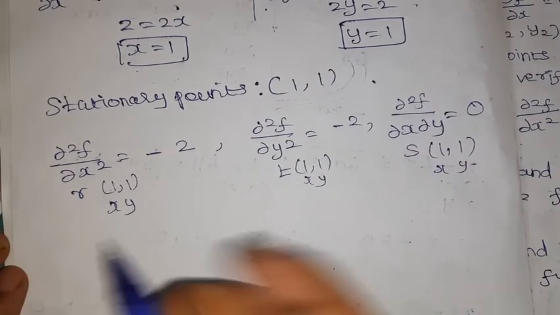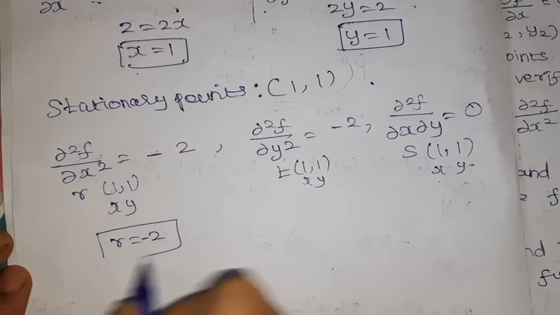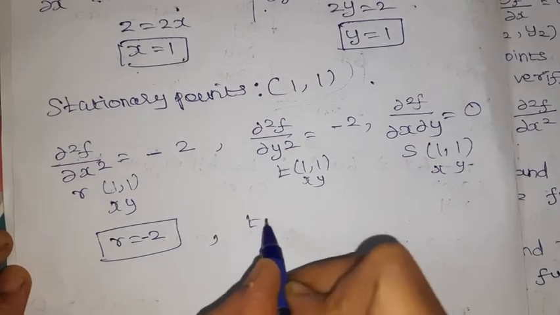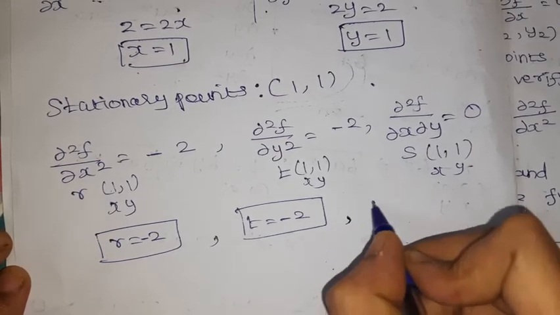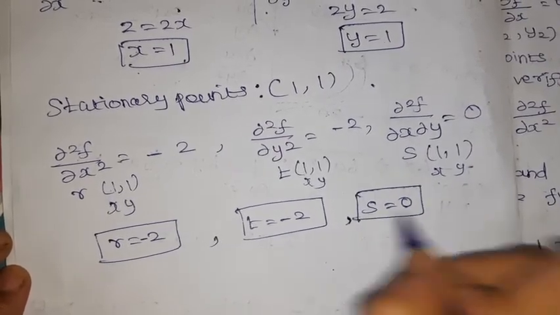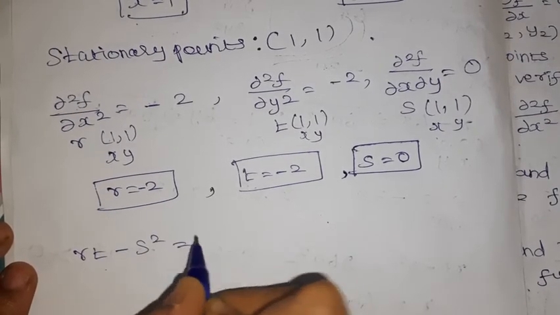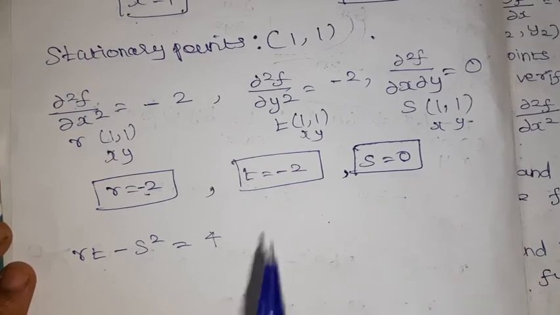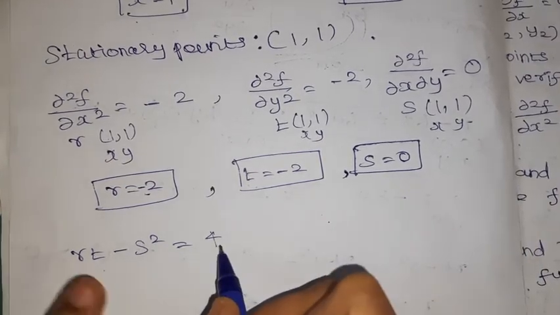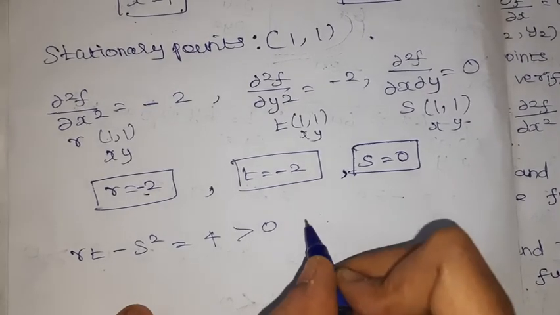So, R is minus 2, T also minus 2, then S equal to 0. So, RT minus S squared is 4 minus 0, 4 only. This is greater than 0.